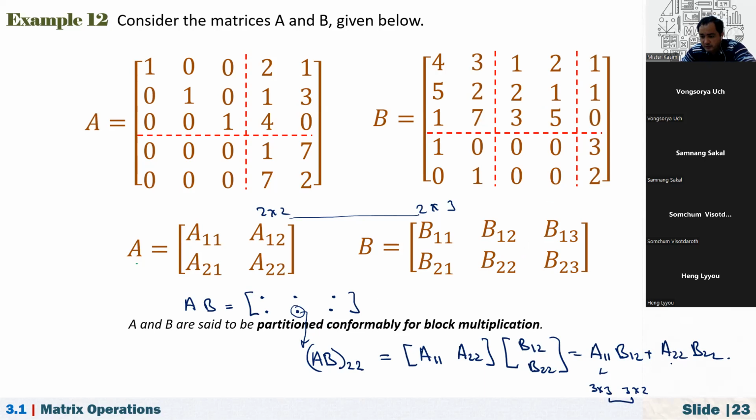A22 is 2 by 2, and B22 is also 2 by 2. Actually, it's a zero matrix. Also, this multiplication is defined. So when you are blocking or partitioning a matrix, you need to pay attention to this: is it partitioned conformably for block multiplication or not? Otherwise, it gives you unexpected results.